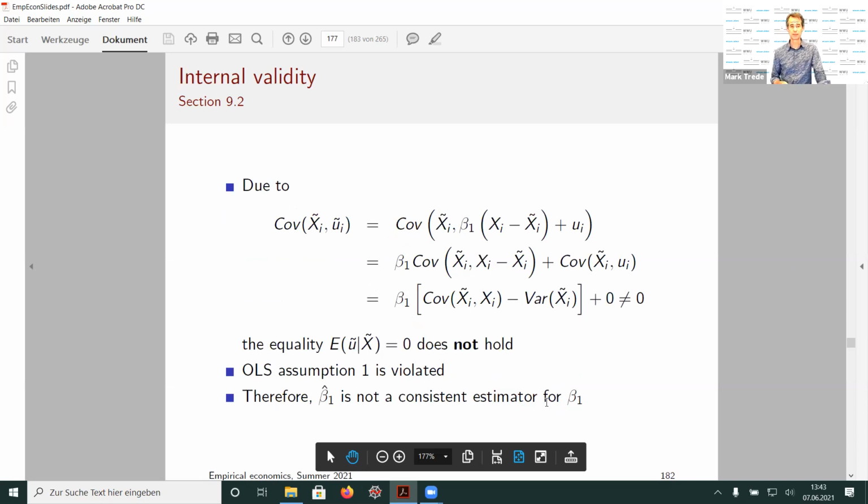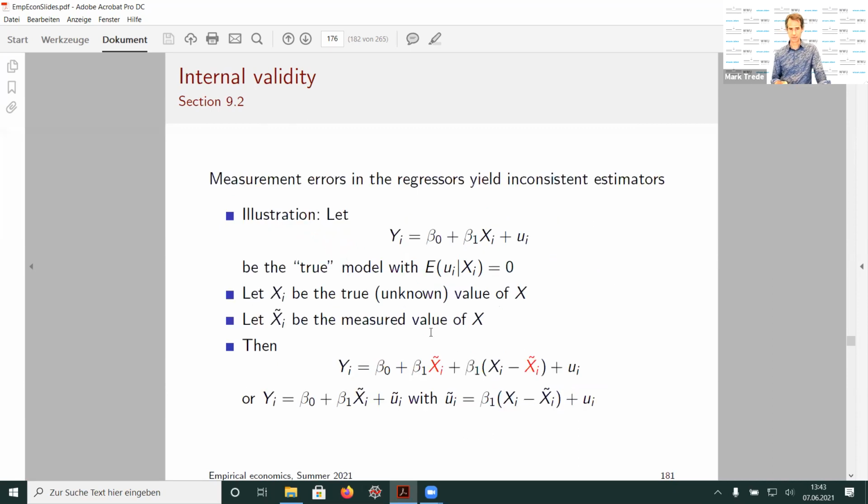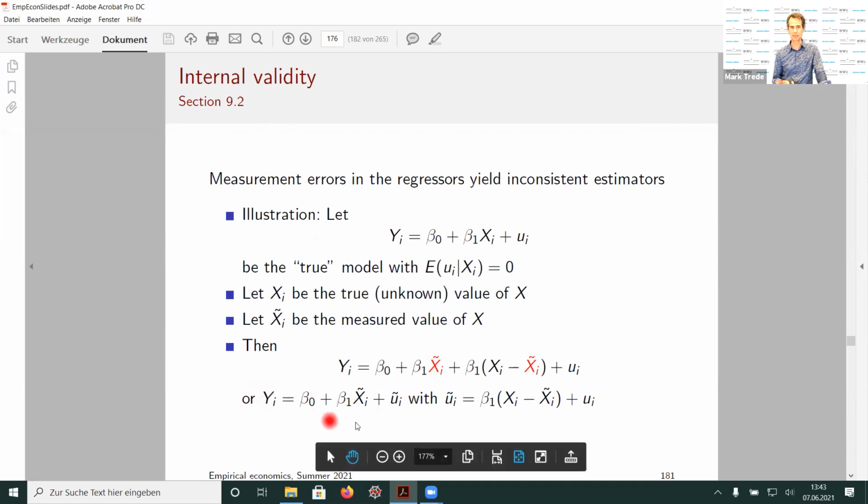And now we compute, or we derive, the covariance between the measured value and the error term, the redefined error term. So that would be the equation that we actually estimate if we work with the measured x values, not with the true x values.